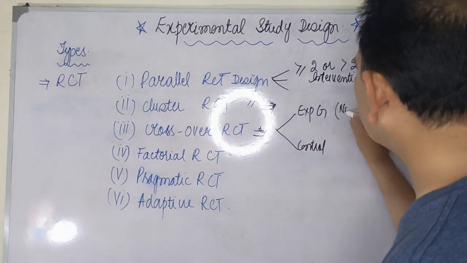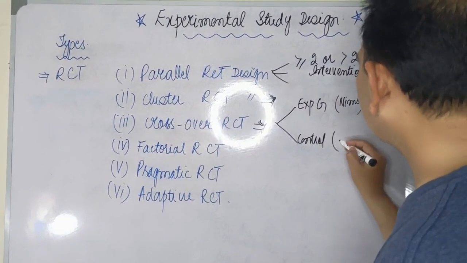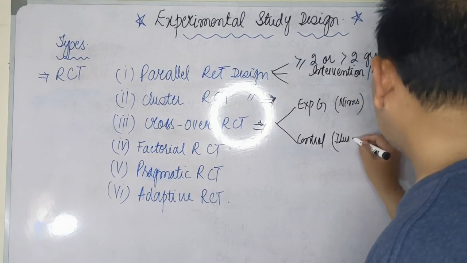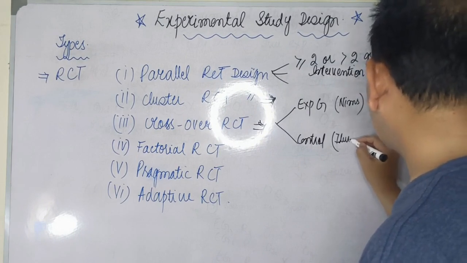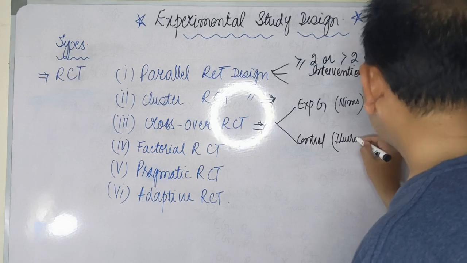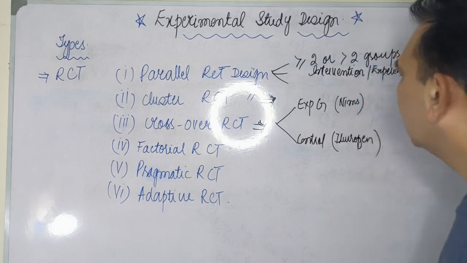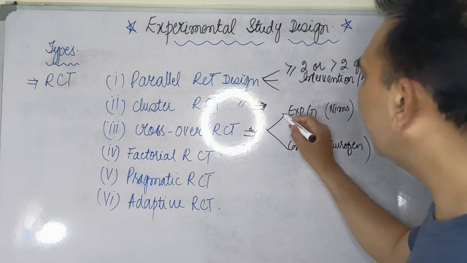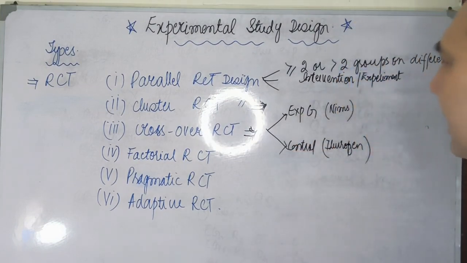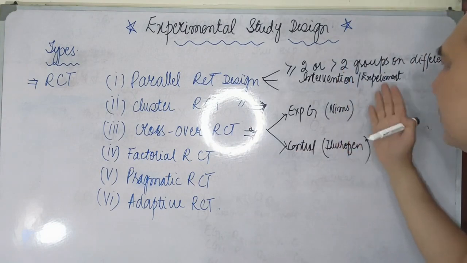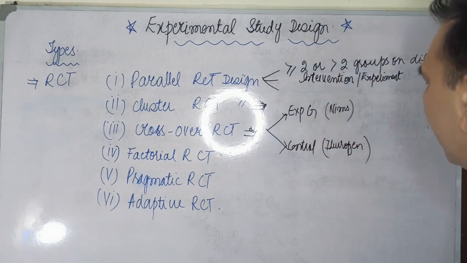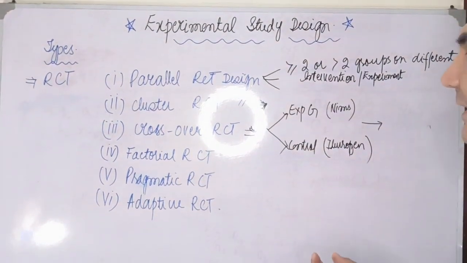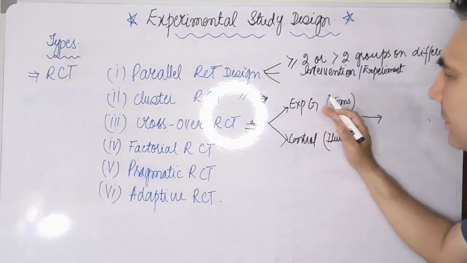One is the new drug, and the second one is ibuprofen. The new drug is the new drug and ibuprofen is the old drug. Now he randomly assigns the new drug to the experiment group and ibuprofen to the control group. After that he sees the effects on the experiment group and the control group.